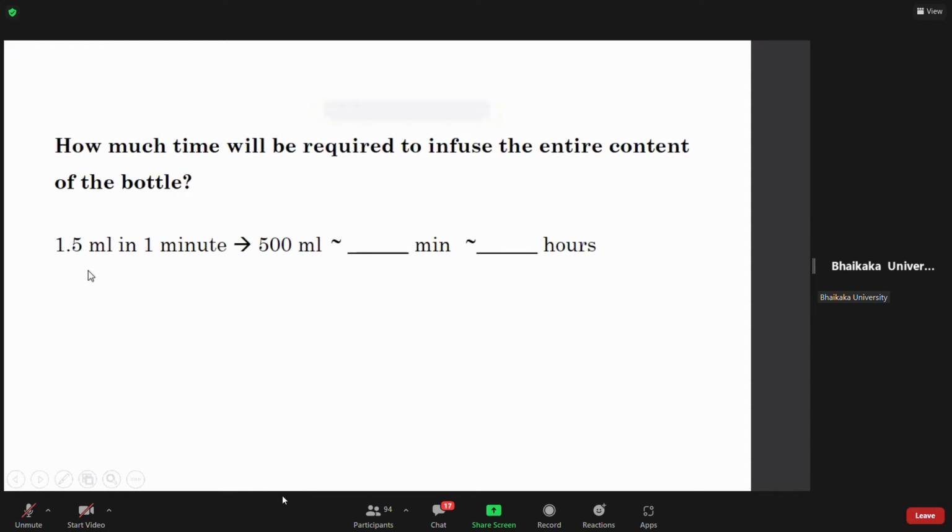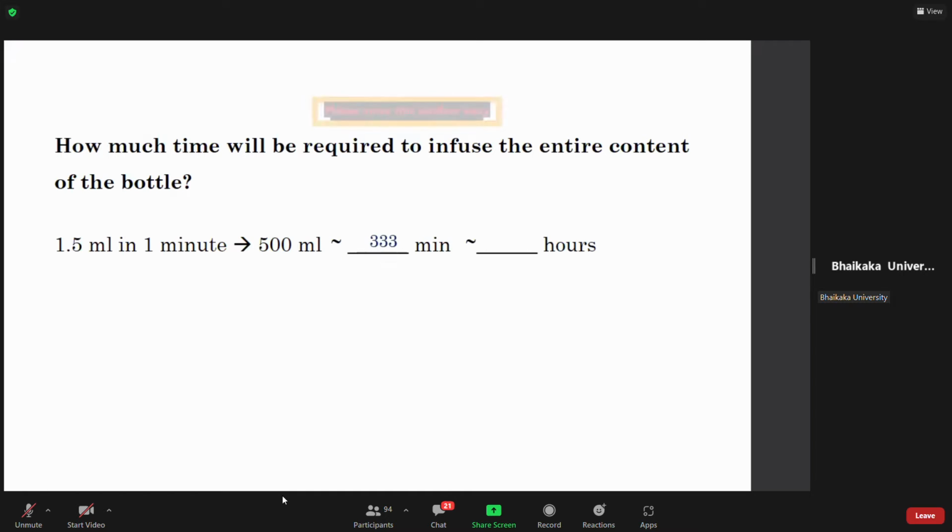For 1.5 ml, 1 minute. So for 500 ml, yes, it's around 333 minutes. Not 33, it's 333 minutes.